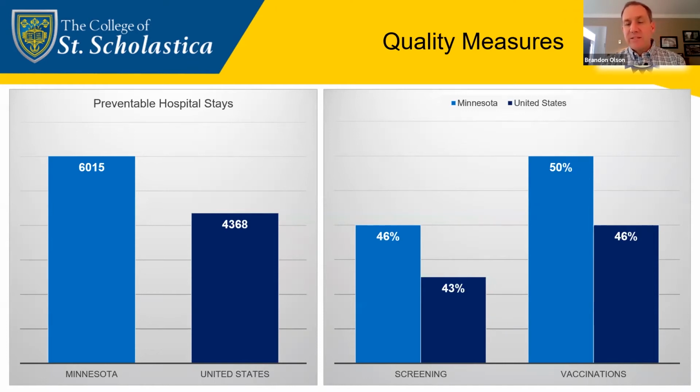And vaccinations, this is going to be those people enrolled in Medicare that are getting annual flu vaccinations. About half of the population in Medicare is getting flu vaccinations, whereas across the US, it's 46%.